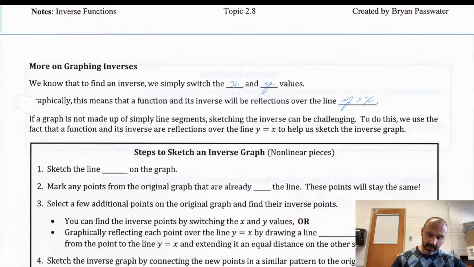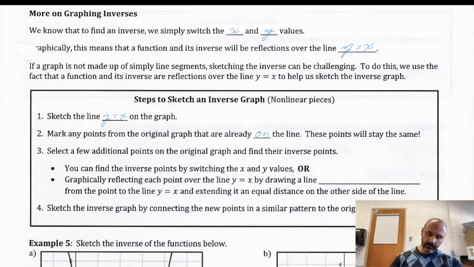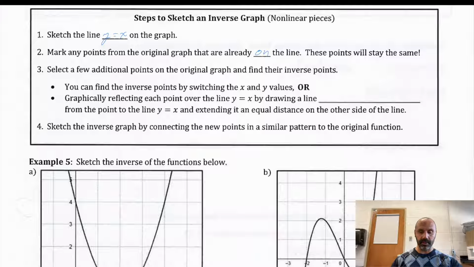So you sketch the y equals x line on the graph, like I did before, and then mark any points that are already on the line. Because remember, any points where it crosses that y equals x line, they're going to stay there. And then you add some additional points on the original graph, and then find their inverse points.